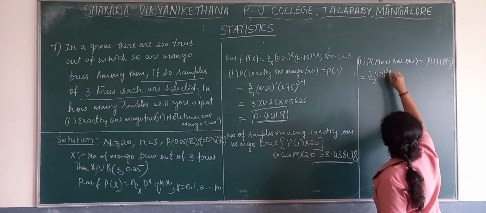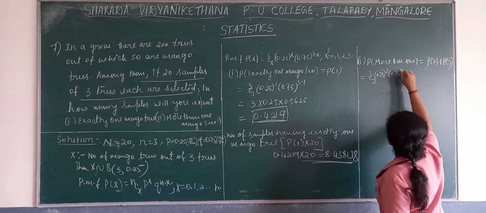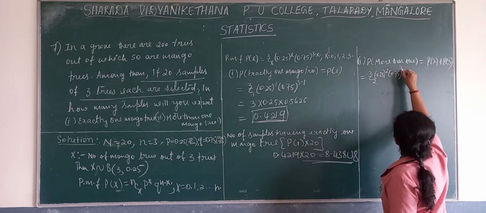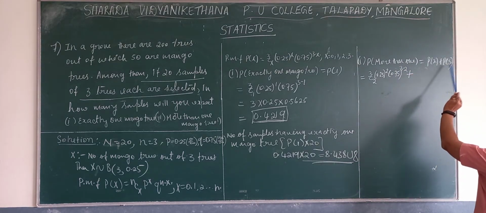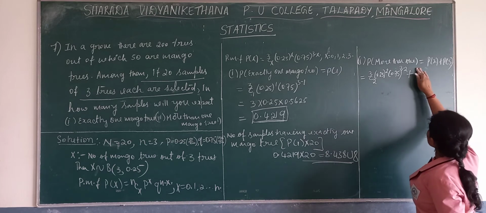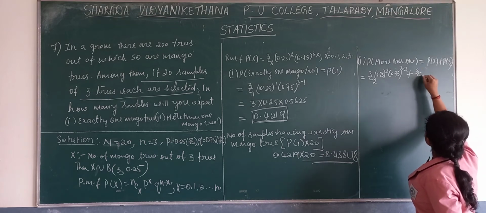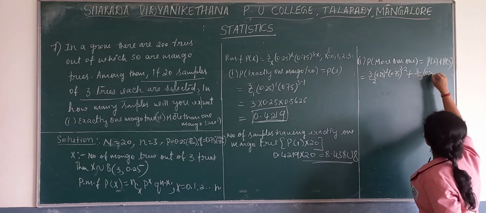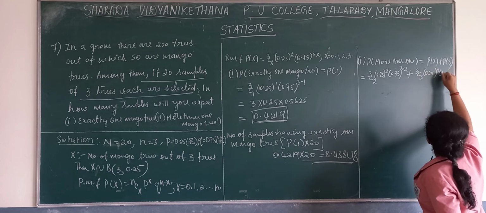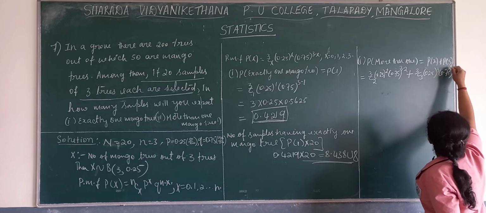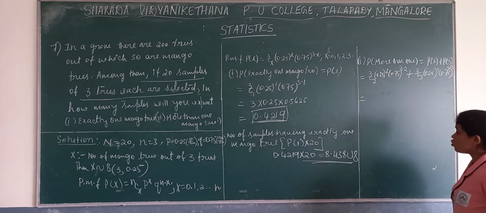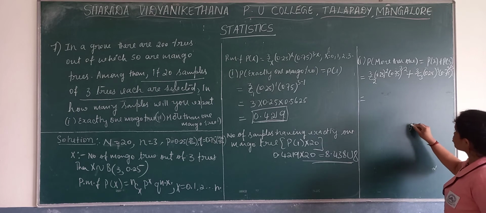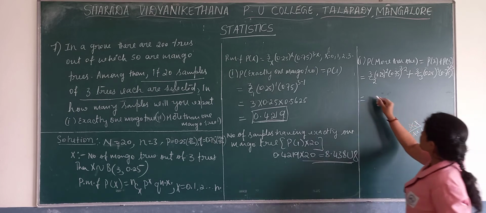Plus now substitute it for P3. There 3C3 into 0.25 to the power 3, 0.75 to the power 3 minus 3. Now 3C2, what is the value? 3C2, 3 into 2, 2 into 1, so 3.